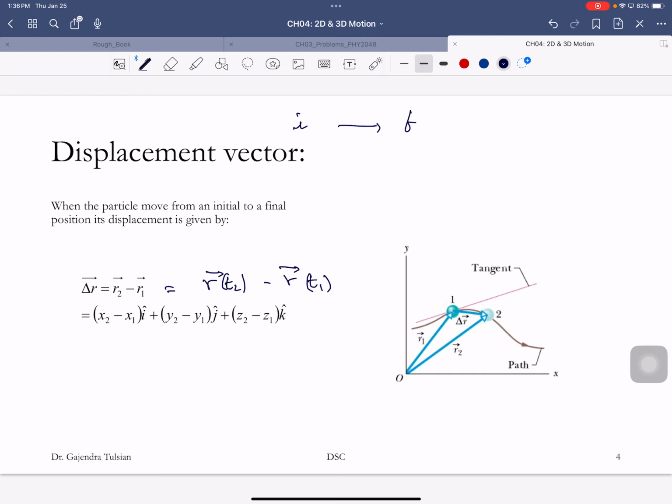That's the shorthand notation: R at time t2 is written as R2, and R at time t1 is R1. So there's the displacement vector, and that's equal to the difference in x coordinates times i, plus difference in y coordinates, j, and so on. Do you guys understand this?